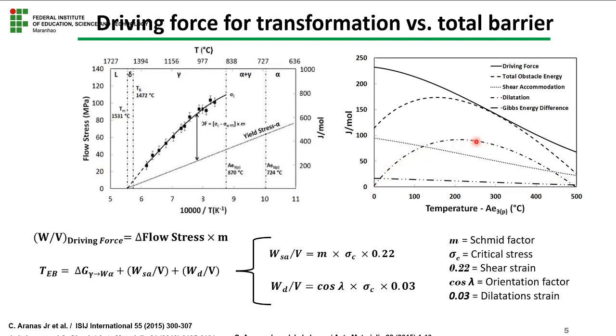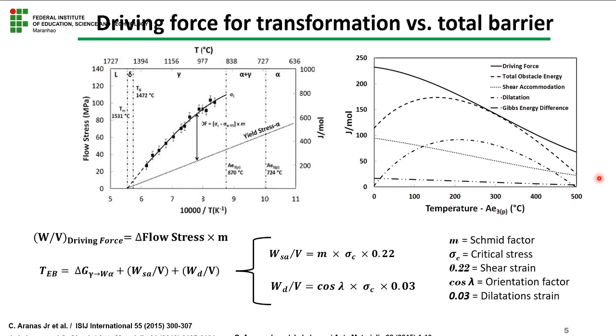as you can see. Associated with another barrier to transform ferrite from austenite, it relies on the dilatation, because the ferrite to be transformed will suffer dilatation. It's another barrier. And also we can see the shear accommodation, because when the austenite is transformed, we have shear over the austenite phase.